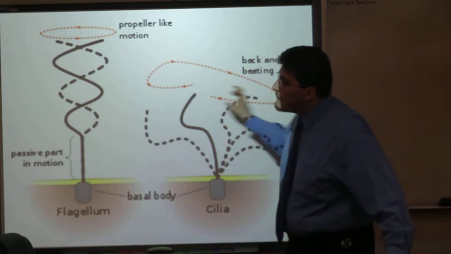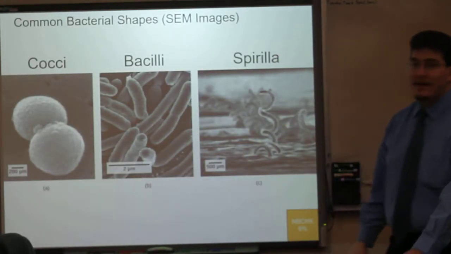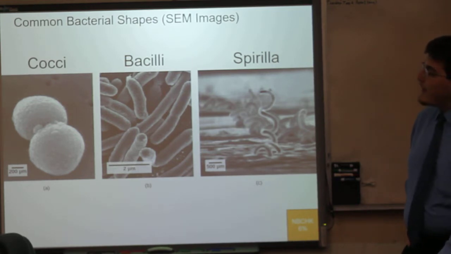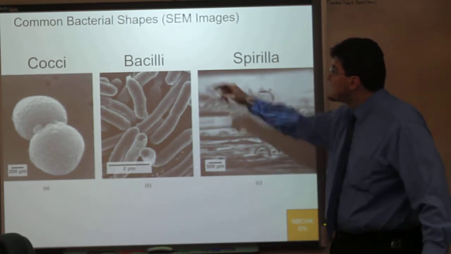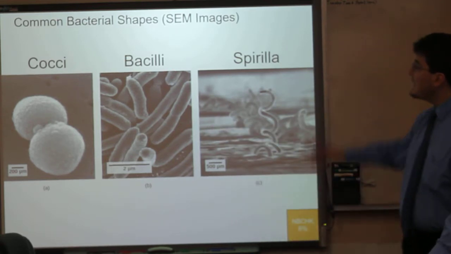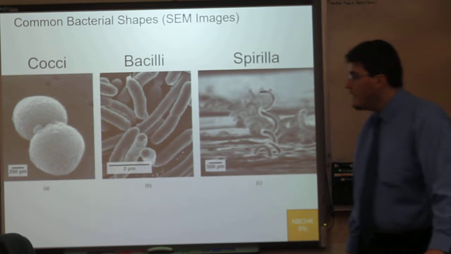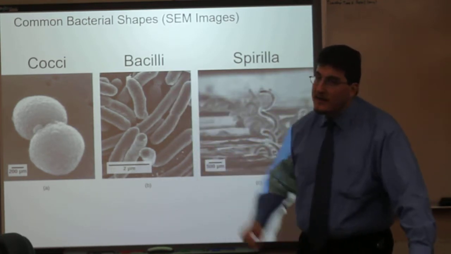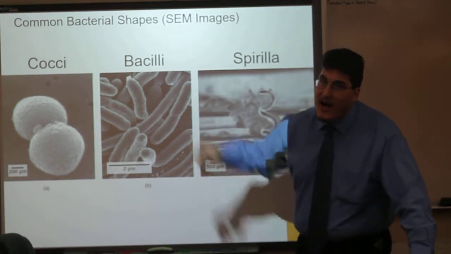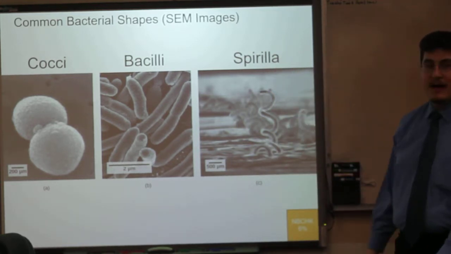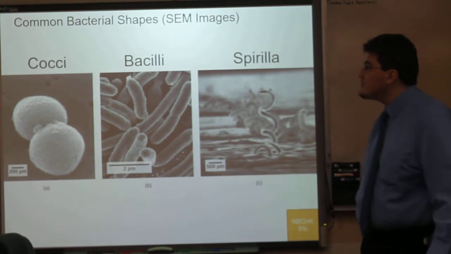There are three overall basic shapes for bacteria, and these are all scanning electron microscope images, by the way. You have cocci, you have bacilli, or rod-shaped, and you have spirilla, or spiral-shaped bacteria. So streptococcus, or meningococcus, anything that ends in coccus will be a cocci bacteria. They are spherical in shape.